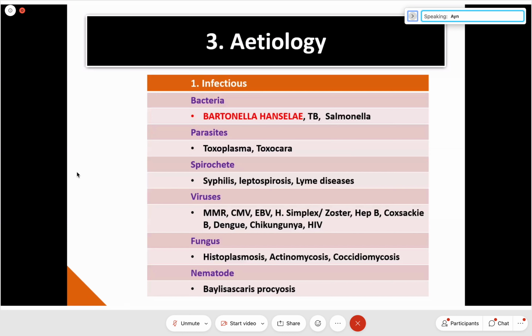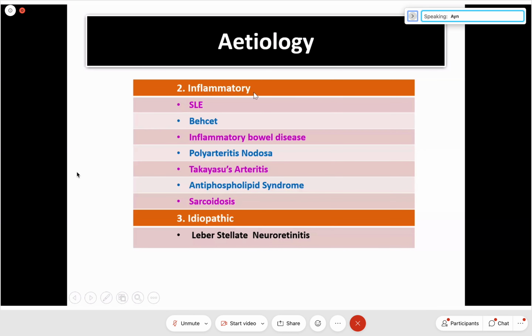So history is very important, whether the patient might get Bartonella or any other organism. Okay. Although the infection could be the major cause of neuroretinitis, this condition can be also a manifestation or due to inflammatory process in connective tissue diseases such as SLE, Behçet, IBD, polyarteritis nodosa, Takayasu, antiphospholipid, and also sarcoidosis.